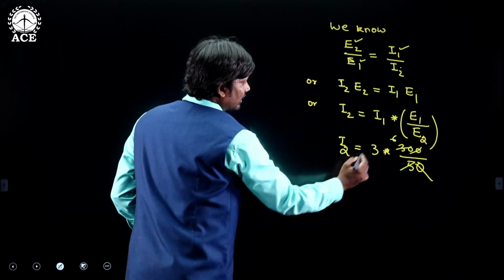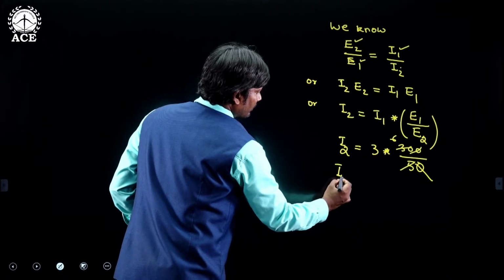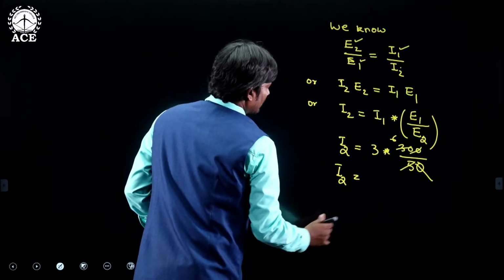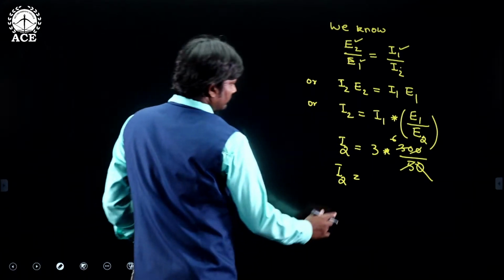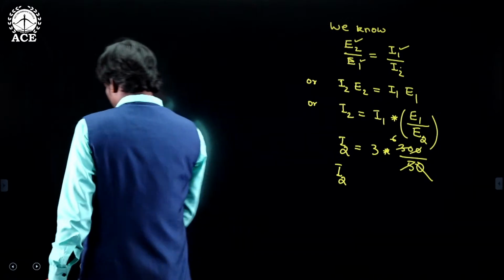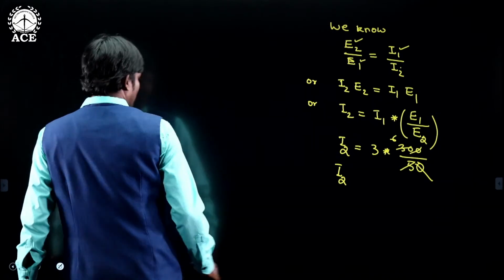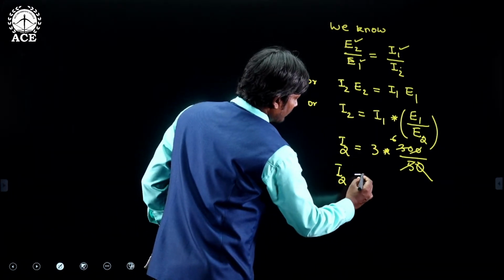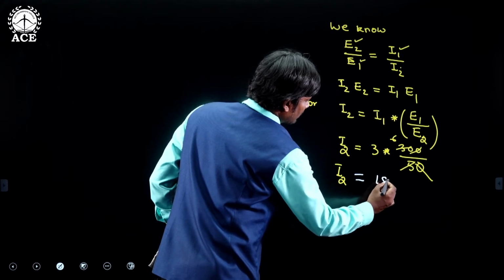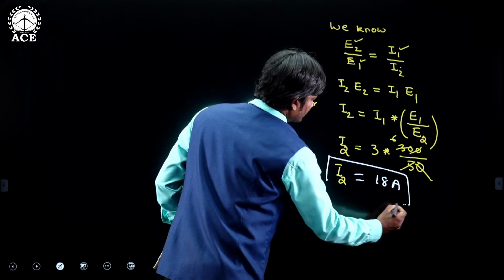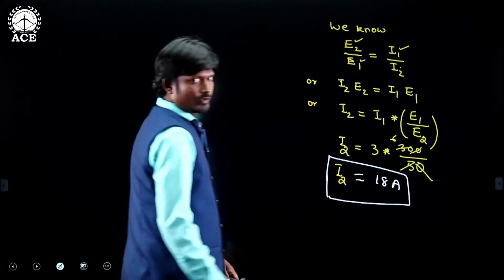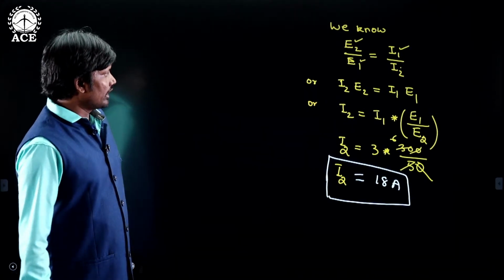Now 6 into 3, this is 18. I2 is equal to 18 amps. Note down this one. I2 is equal to 18 amps.